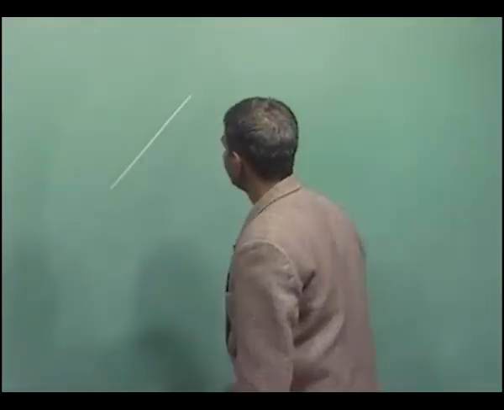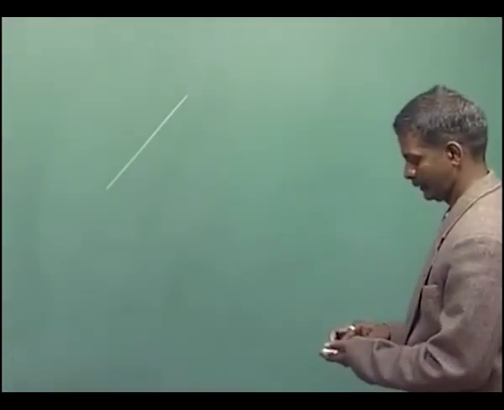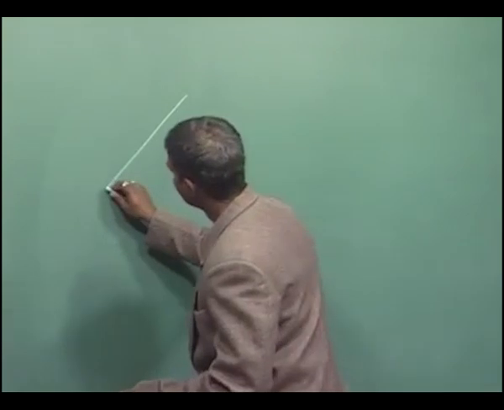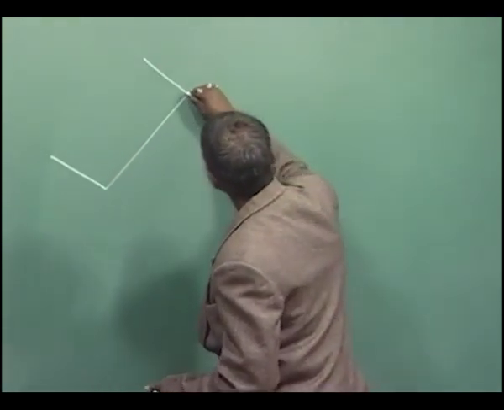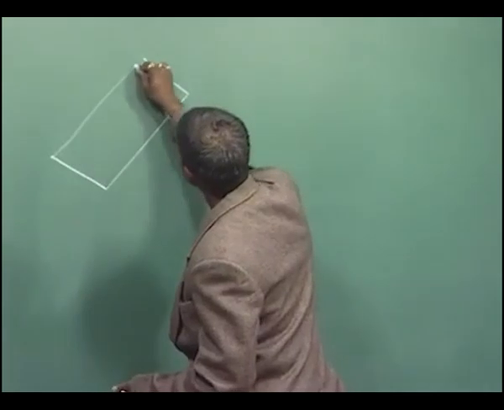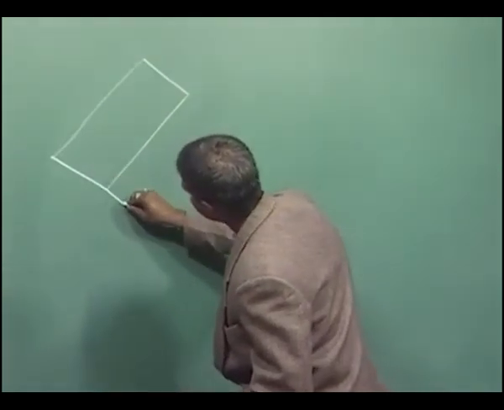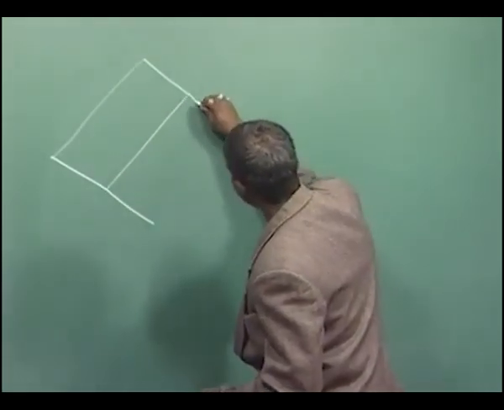Just in case some of you are having visualization difficulty, let me try to sketch the features around that common edge on the board. This is the common edge. This is the first face from the block. This is the second face from the block.